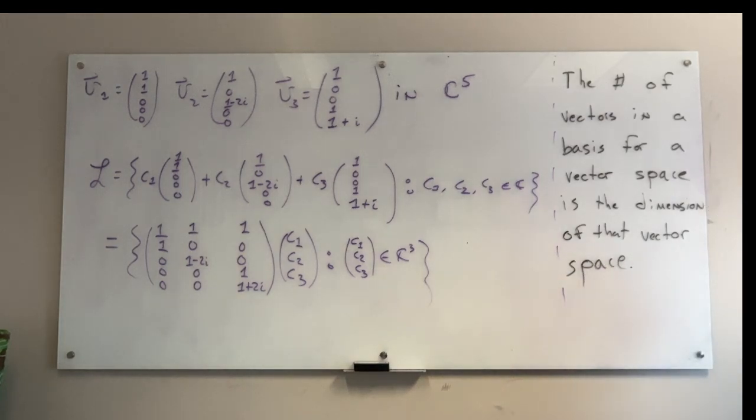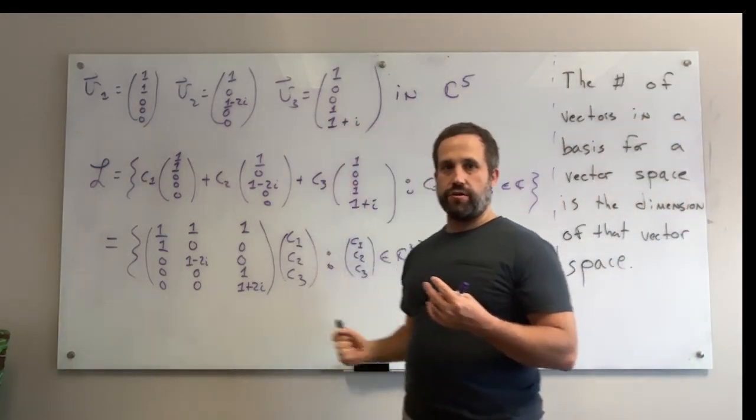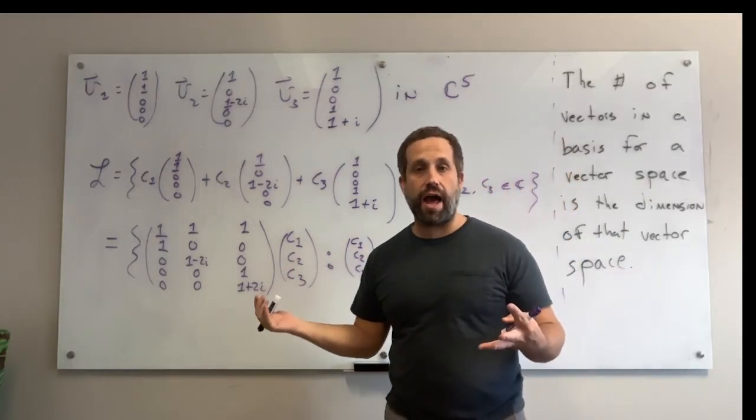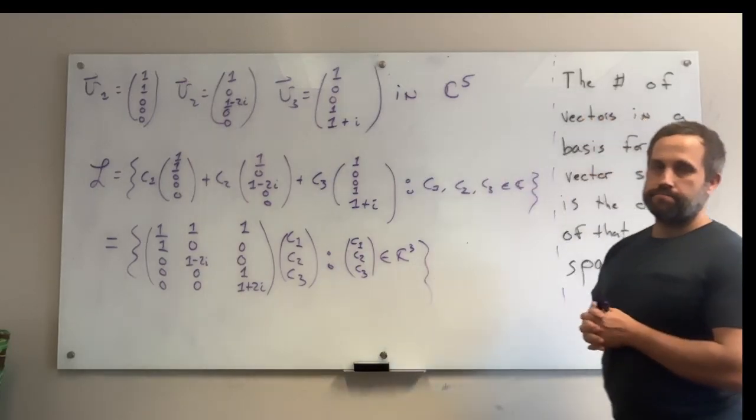Okay, so the number of vectors in a basis for a vector space is the dimension of that vector space. So there are three vectors in a basis for this vector space here. It's a subspace of C5, and so it forms a three-dimensional vector space.